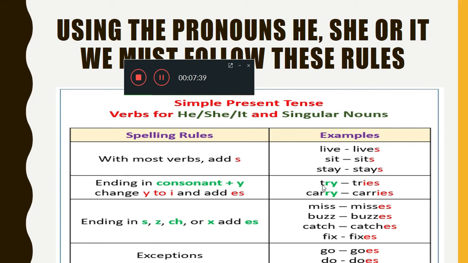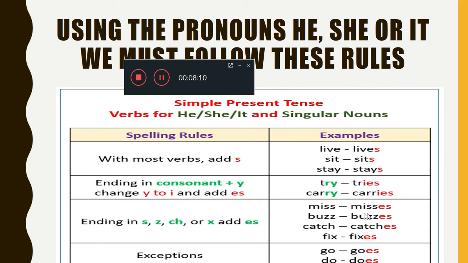For example, try, tries, carry, carries. And the third rule is that in actions that end in S, Z, SH, or X, we are going to add ES.